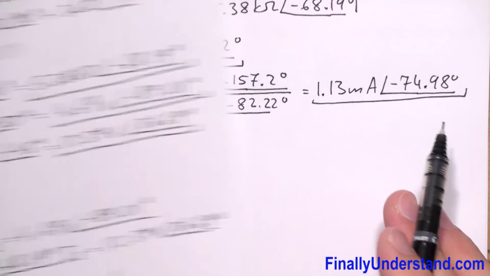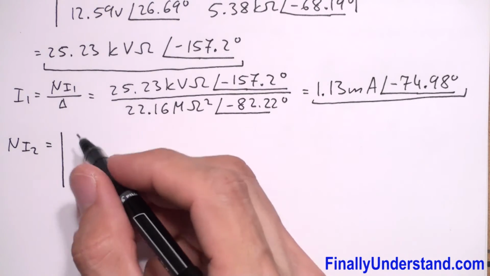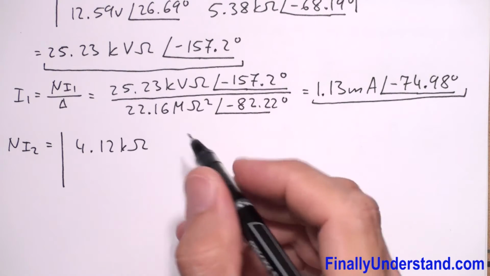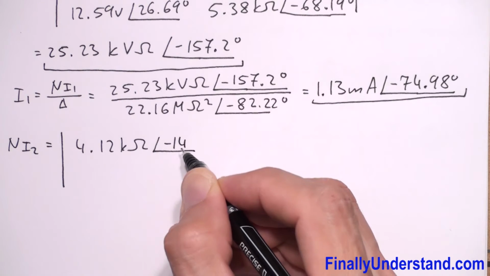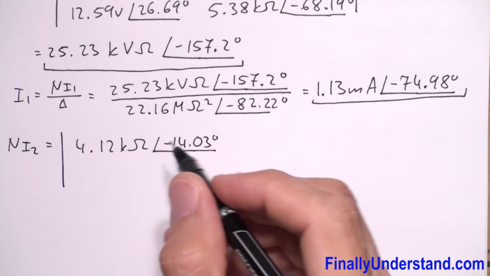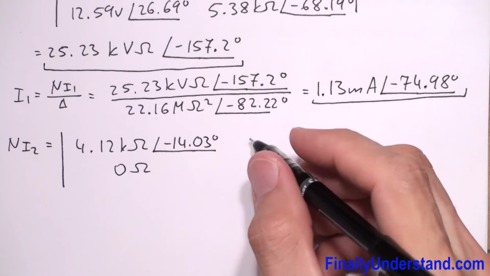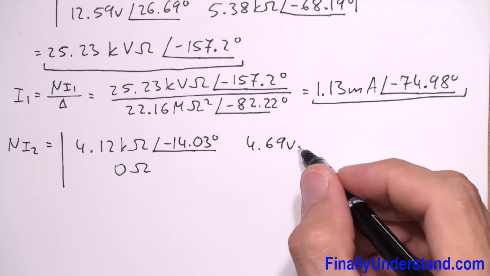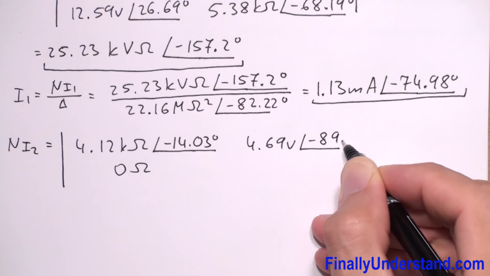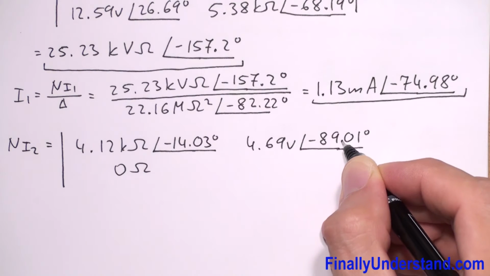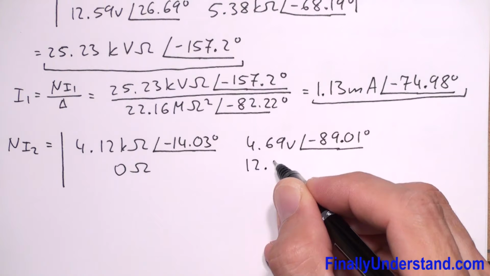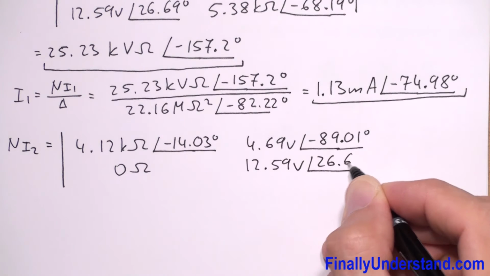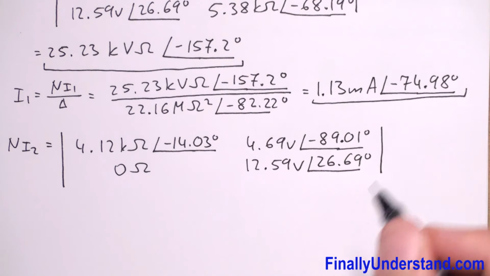So I have 4.12 kilo ohms and angle of negative 14.03 degrees, and I have 0 ohms, and I have my voltages right now: 4.69 volts and angle of negative 89.01 degrees, and 12.59 volts and angle of 26.69 degrees.